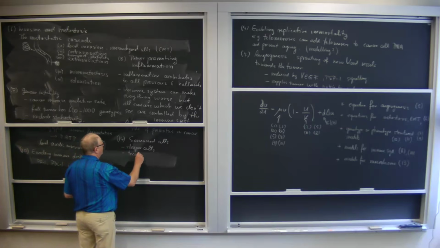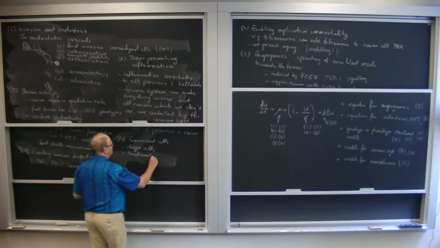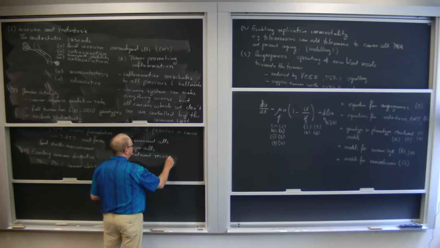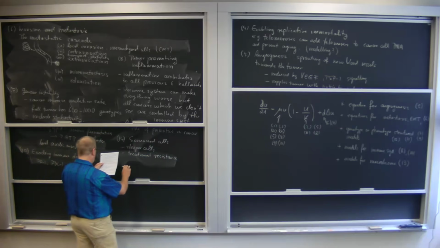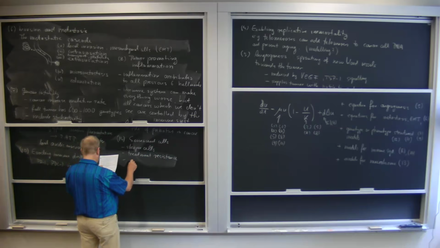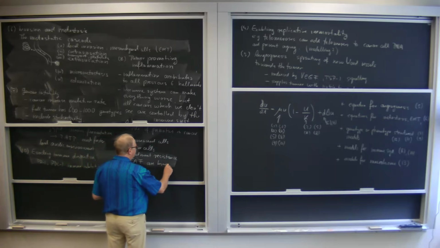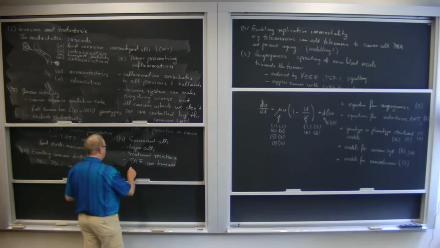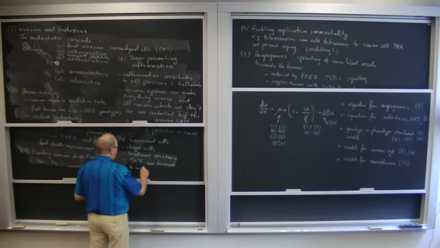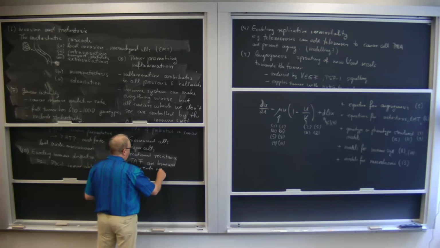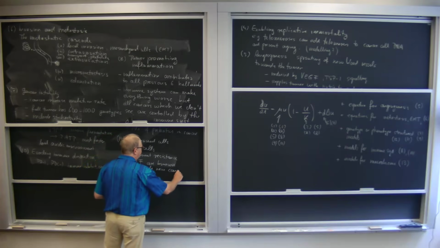So they can avoid treatment, so treatment resistance. For example, tumor-associated fibroblasts are known to initiate new cancers from a senescent state.